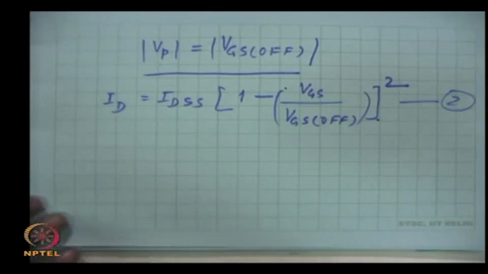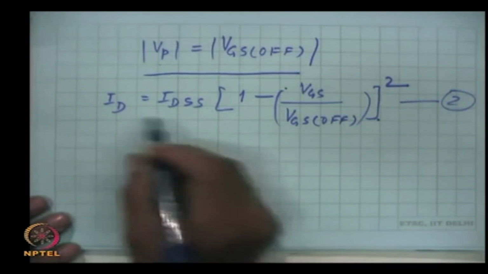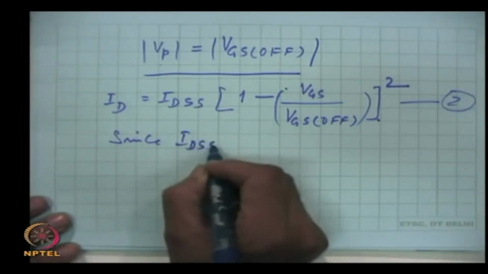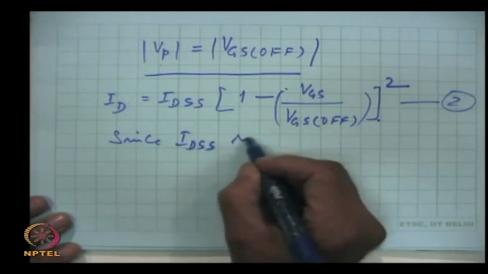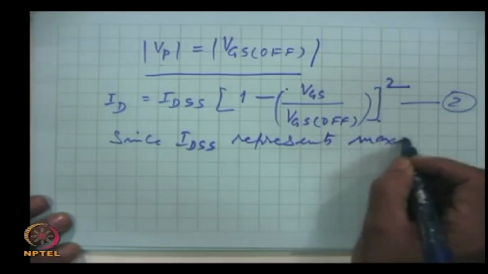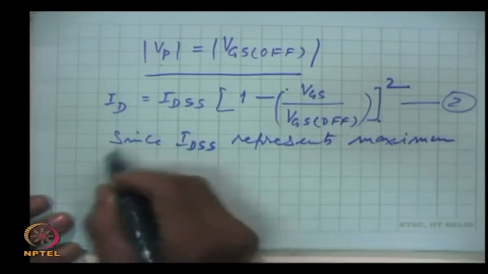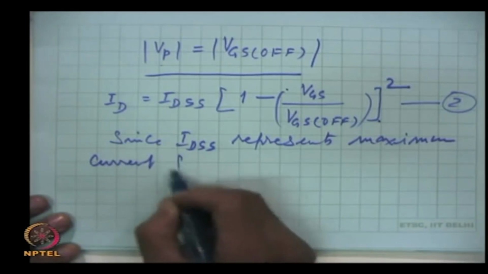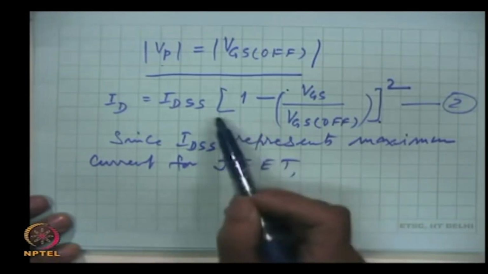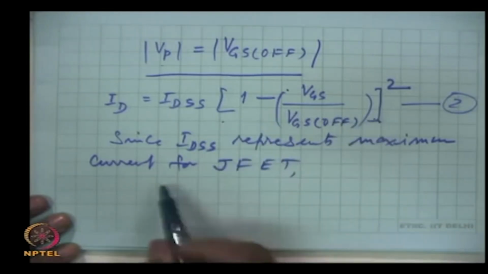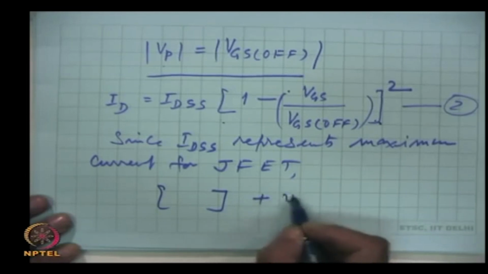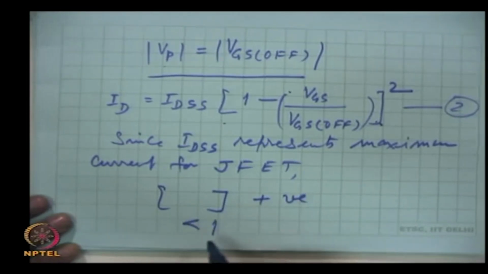What I have said is this, that since IDSS represents the maximum current for the JFET, the quantity in the bracket has to be positive, and it has to be less than 1.